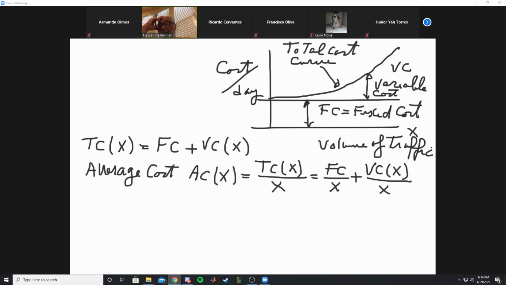And what would be your average cost? A dozen pencils, what would be your average cost per pencil? 10 cents, correct?